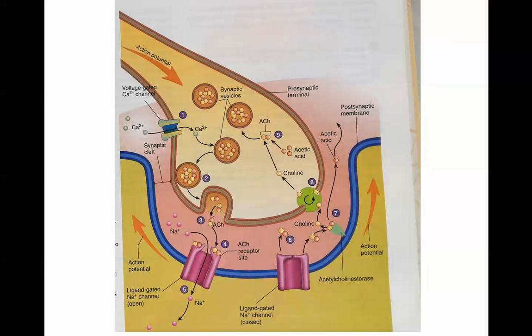Step three, they're going to diffuse and travel across the synaptic cleft. This is the synaptic cleft. Again, this is the presynaptic, this is the postsynaptic. This is an axon, this is a dendrite. Now you have this rapid depolarization, meaning the sodium ions are flushing through. You notice the action potential is going to wave.